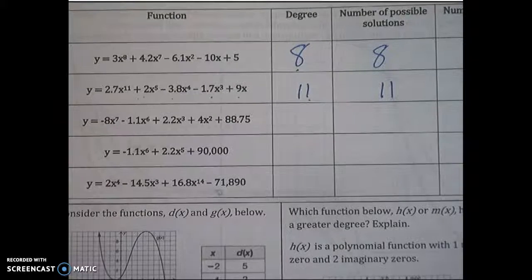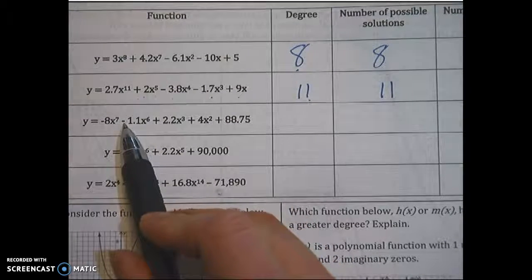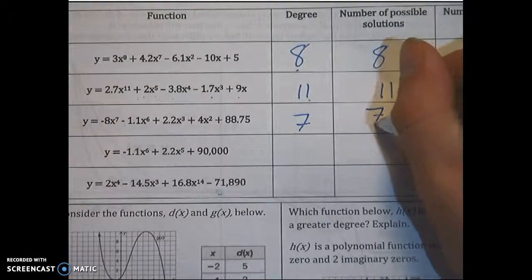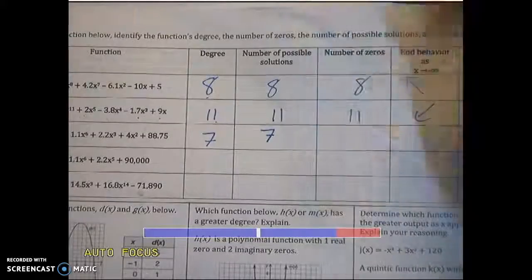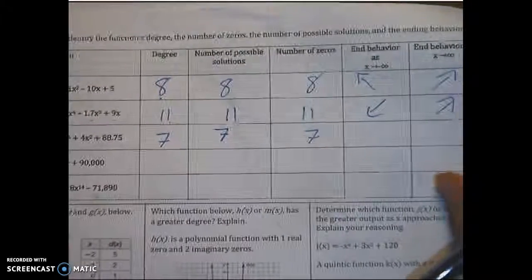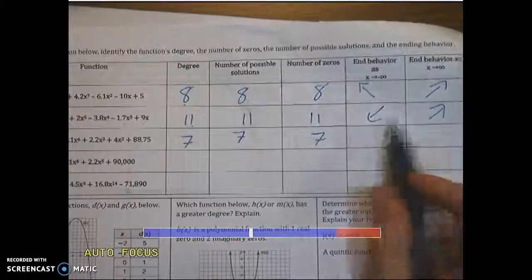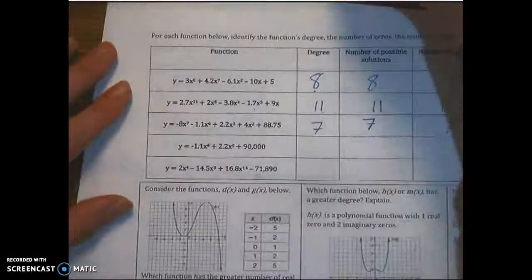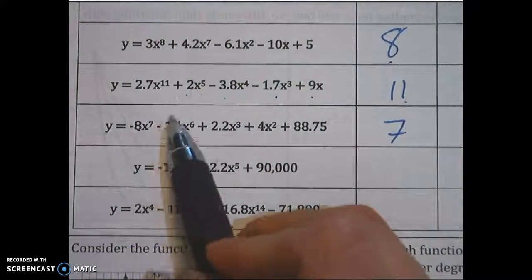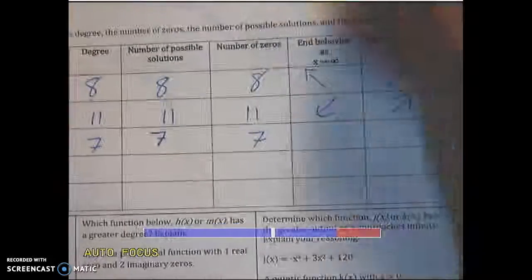So this one, the leading term, the degree is 7, which means it has 7 possible solutions and exactly 7 zeros. 7 is odd, which is the same as this guy. But since now this function has a negative in front of the leading exponent, it's going to have the exact opposite behavior.